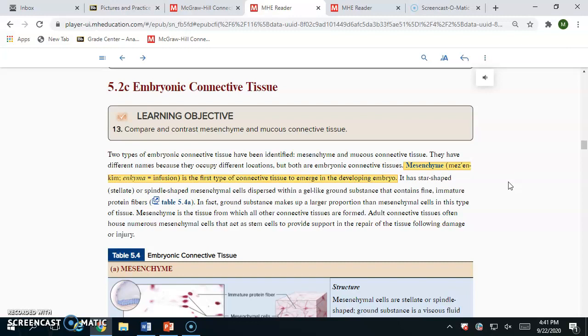Mesenchymal cells can eventually change into a muscle cell or a bone cell or another type of cell, but initially the cells start as mesenchymal cells, so we call it mesenchyme. That's the type of tissue that, for certain bones, will be the scaffolding and framework for bone formation. So we need to be familiar with those two connective tissues. All right, I'm going to head back to our objectives.